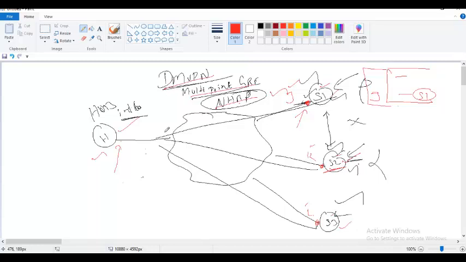Now using NHRP, hub learned all the spokes, their public and private address. Now if spoke 2 wants to go to spoke 1 private network, it asks NHRP, and NHRP downloads that information from the hub saying for this private IP address, this is the public address.